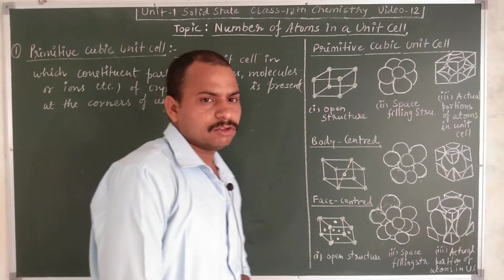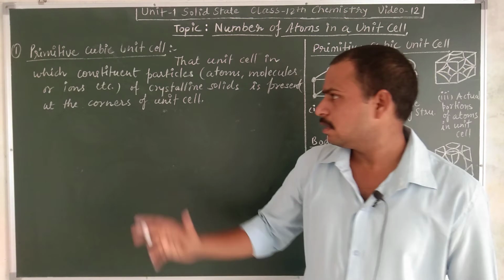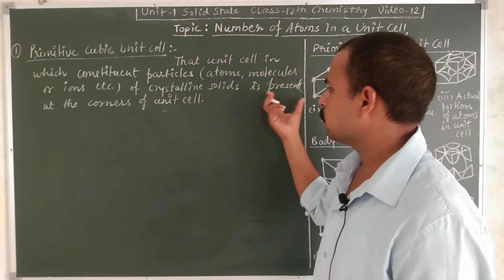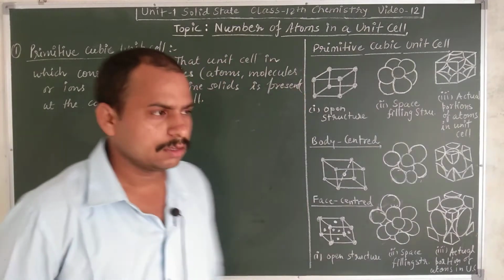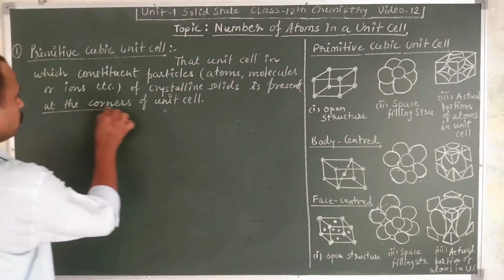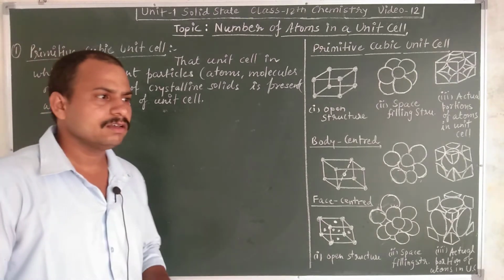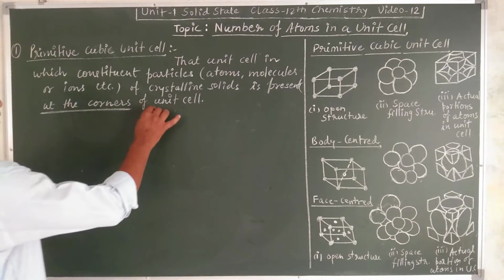So a primitive cubic unit cell means that unit cell in which the constituent particle of crystalline solid is present at the corners only. Constituent particles present at the corners only of a unit cell.